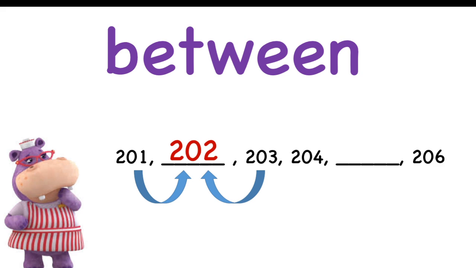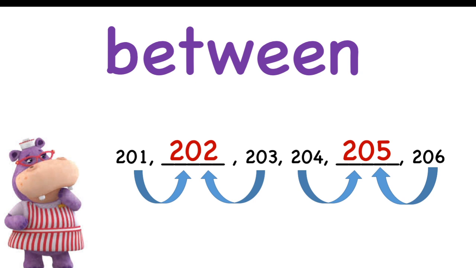The number in the middle is the number between the two numbers. 204, 206. Which number is in the middle? Just simply count on: 204, 205, 206. The counting on method will help you find the numbers that are between.